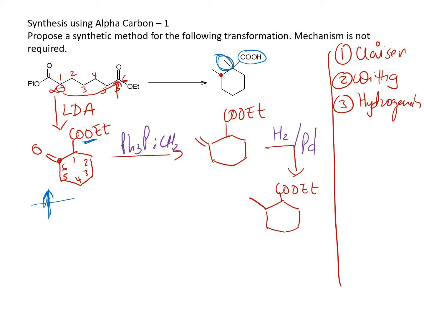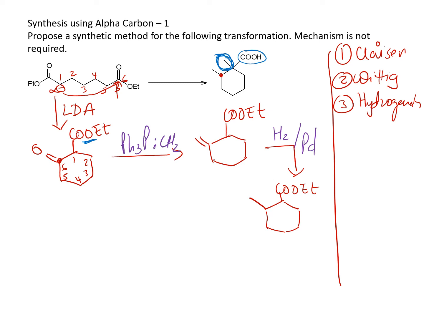So if I chose to add this methyl group in this step, it's not going to work, because I'll have multiple products, and I don't want multiple products. So what I'm trying to do by doing the Wittig reaction first is eliminate my alpha carbons, or reduce how many alpha carbons I have. So that's the purpose of doing the Wittig first.